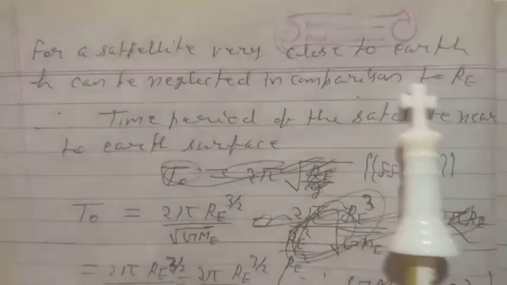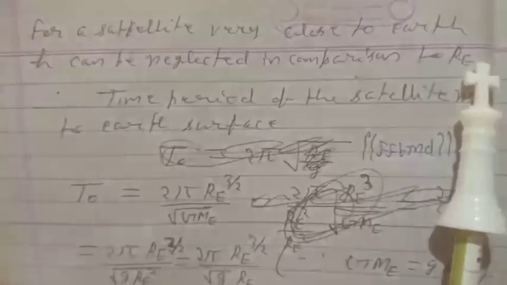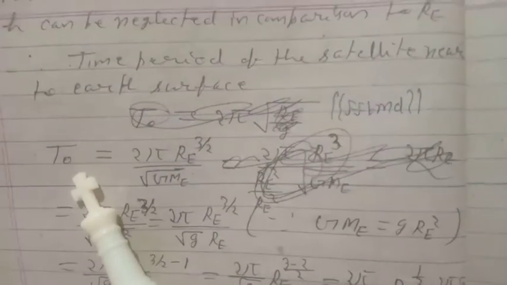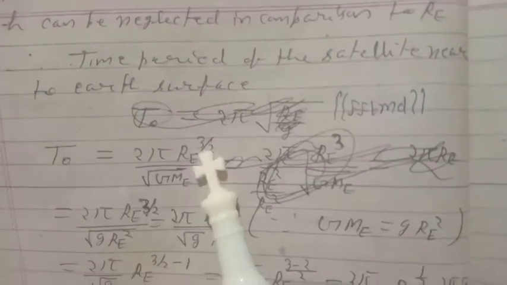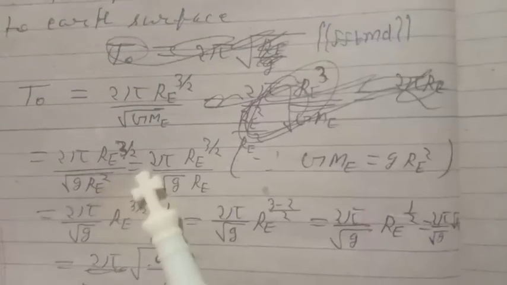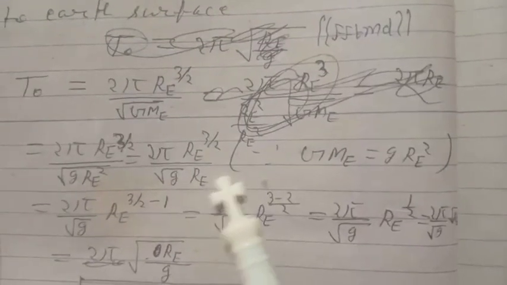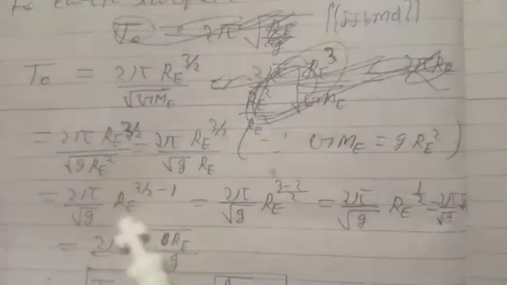For a satellite very close to the Earth, h can be neglected in comparison to RE, the radius of Earth. Hence, the time period of the satellite near Earth's surface, T0, equals 2 pi RE to the power 3 by 2 by under root G ME, equals 2 pi RE to the power 3 by 2 by under root g RE square, equals 2 pi RE to the power 3 by 2 by under root g into RE, since G ME equals g into RE square.